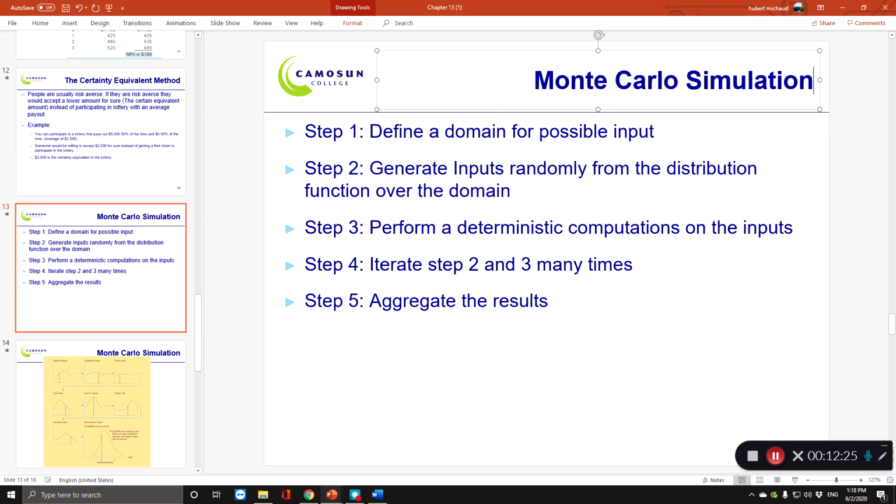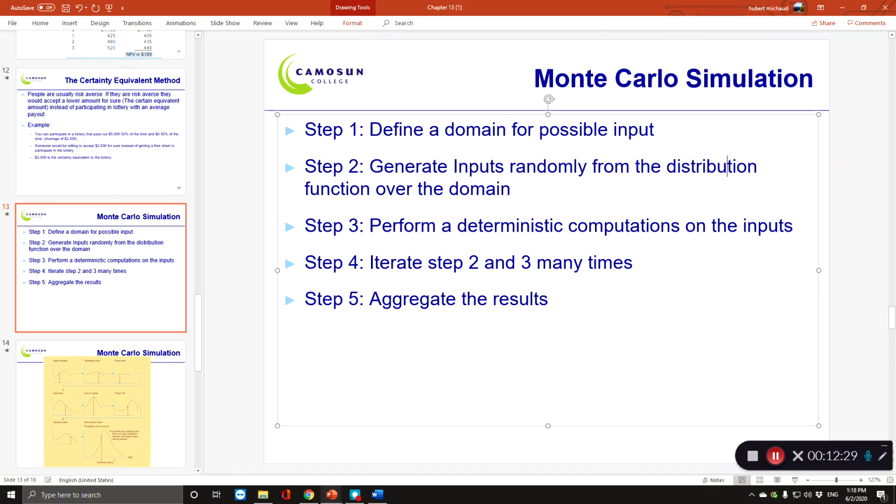Okay, in order to do Monte Carlo simulation, basically what we do is use a computer program to run hundreds of thousands, or tens of millions, of NPV calculations or IRR calculations. We use a computer program to run millions of those, all of them with different parameters that are selected randomly.